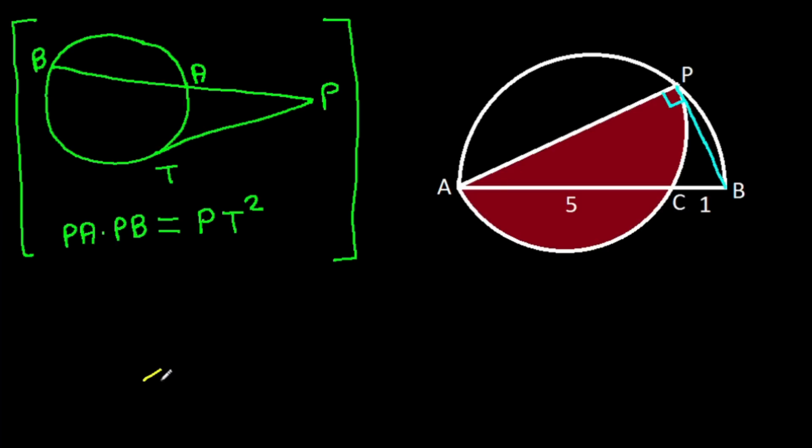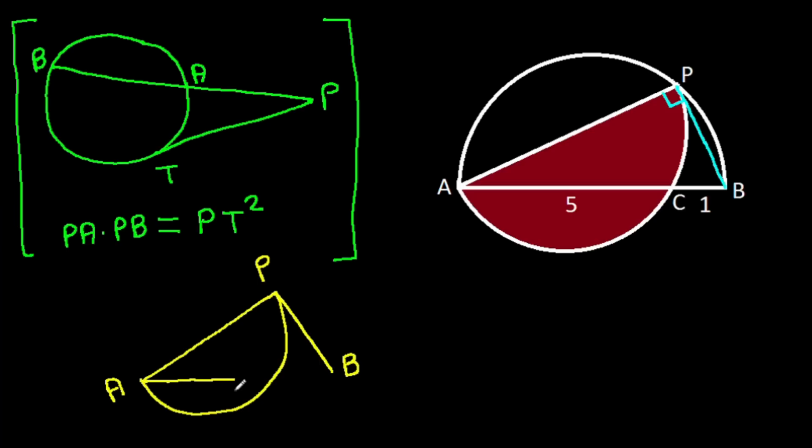And we have a semicircle. This point is A, this point is P, and PB is a tangent, and AC is a chord.